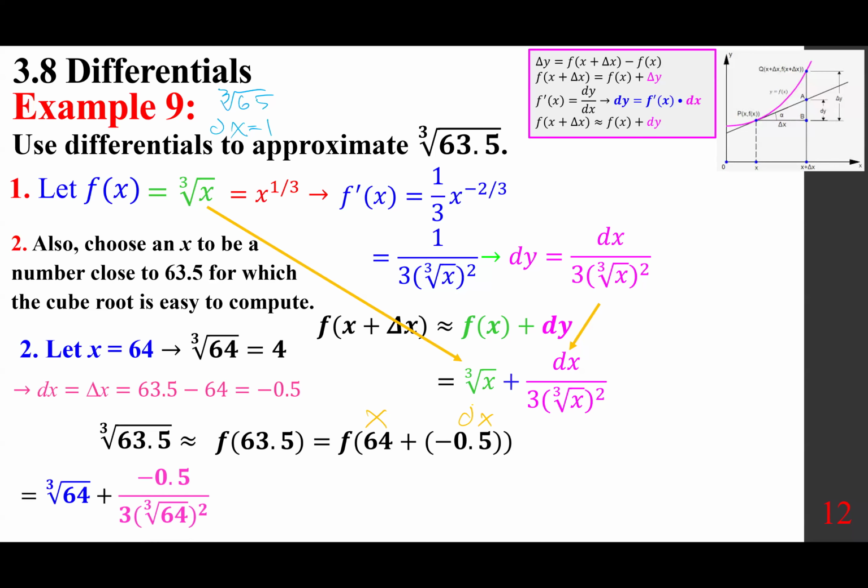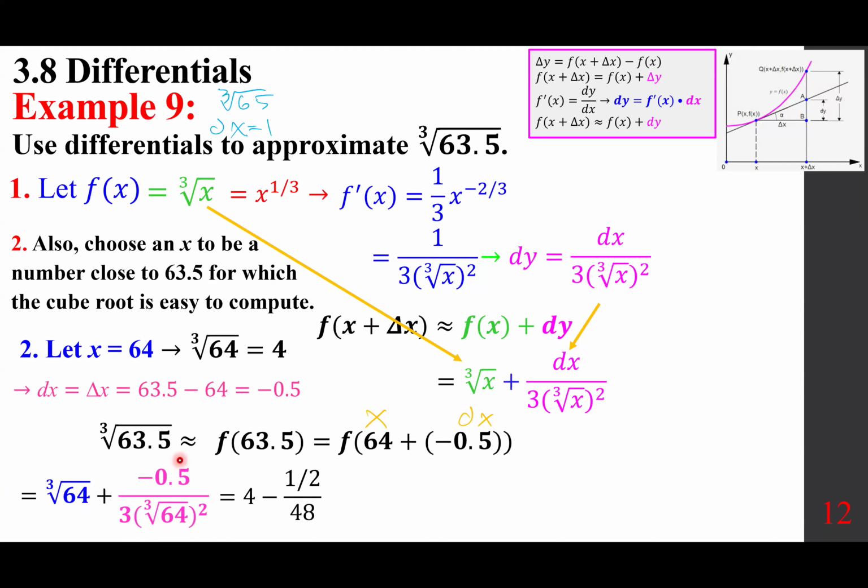So when we plug in, obviously this is 4. So that's not a big deal. 4 squared is 16 times 3 is 48. So we write this 4, and we write this as negative 0.5 or negative 1/2.